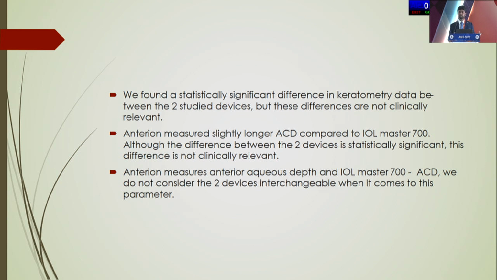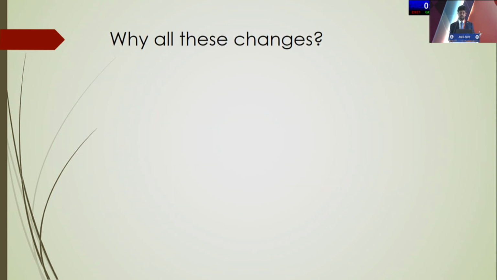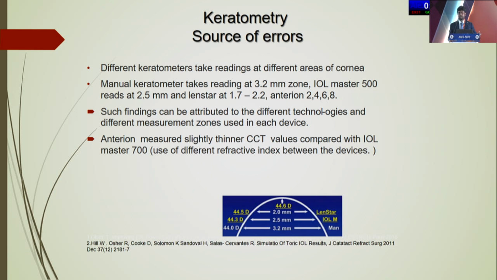For example, we cannot use a K value from the IOL 700 and put it with the Anterion, because they work with different principles. So interchangeable data should not be used. That is mainly because each keratometer is devised with slightly different refractive indices, and it measures at different areas of the cornea.